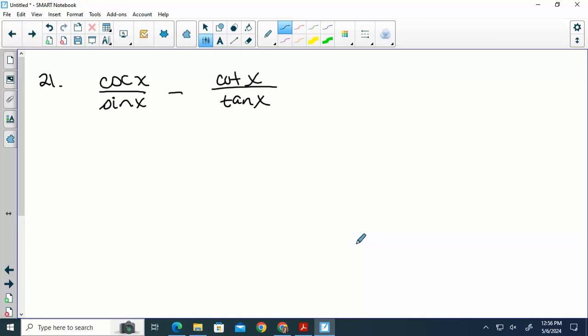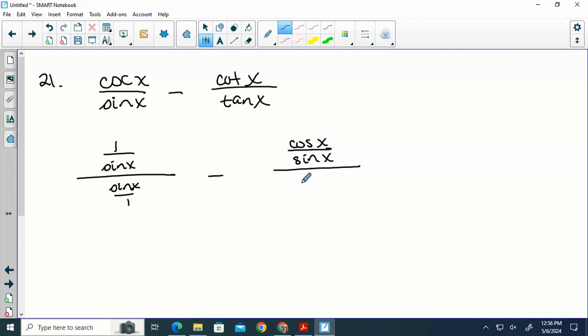Our general strategy was to change to sines and cosines. So cosecant would be 1 over sine x. If you want that as a fraction, that's just like 1 over sine. Cotangent is cosine over sine, and remember, those are not on your formula sheet. Tangent is sine over cosine.